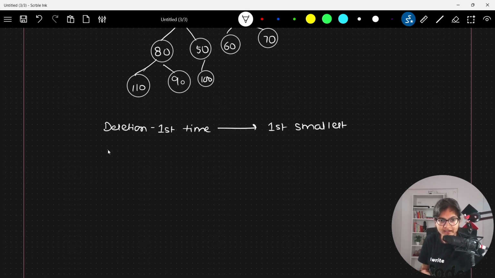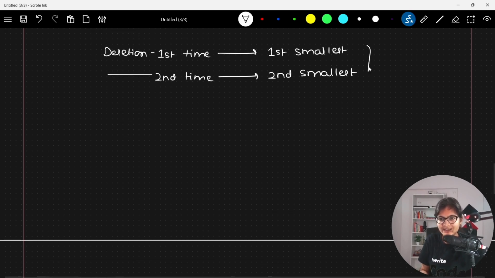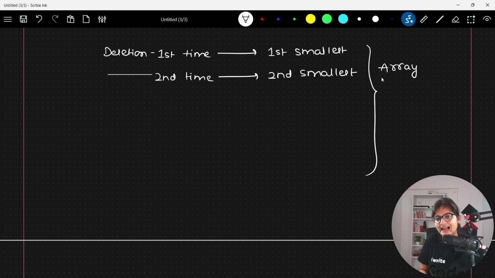When you call the deletion operation the second time, you will get the second smallest element. Now suppose you are storing all this data inside one data structure, maybe one separate array, and inside that array you are storing these elements as well. When you call deletion the third time, at that point you will get the third smallest element.